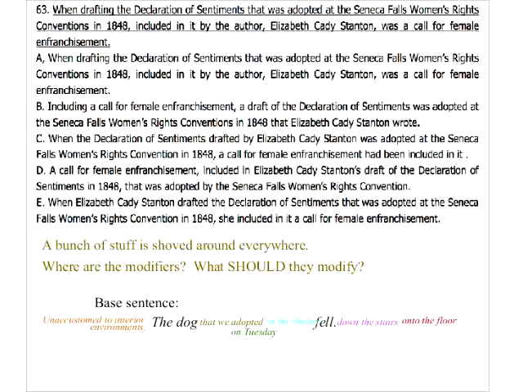So when you look at a bunch of stuff shoved around, what you should do is see what's modifiers and what isn't modifiers, and what the modifiers are supposed to be describing. So here's everything that's modifiers. That when drafting the Declaration of Sentiments, that's a modifier. That's a modifier. No, it's not.